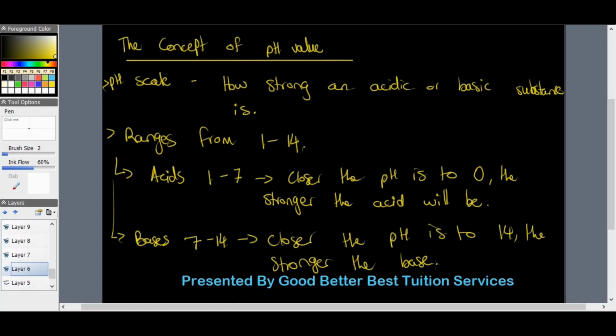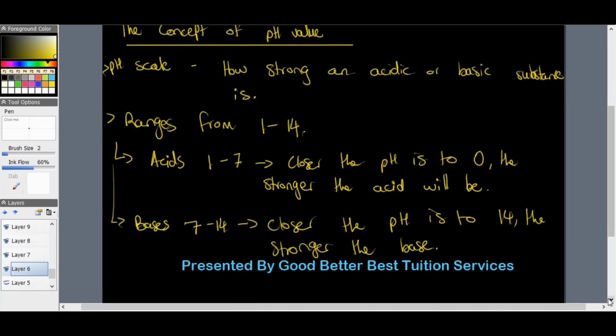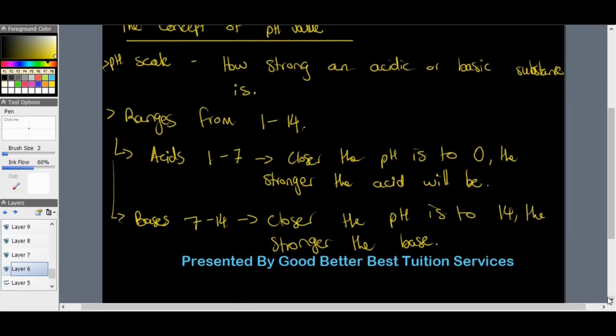The strongest base would have a pH value of 14, and the weaker bases will be closer to 7. So about 7, 8, maybe even 9 would be considered quite weak, but closer to 14, I would say about 10 up, we're definitely getting to strong bases.